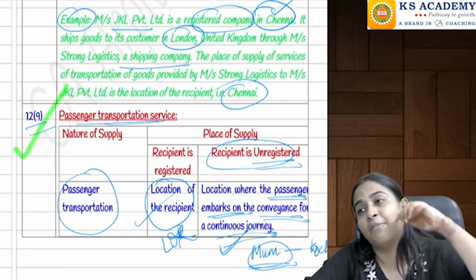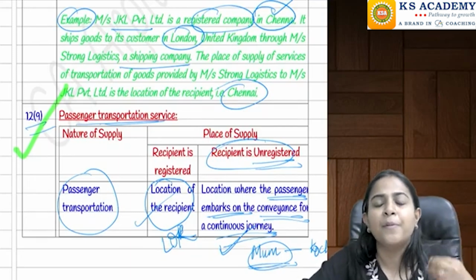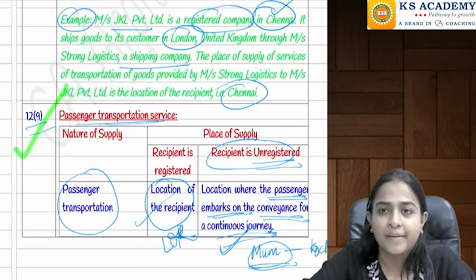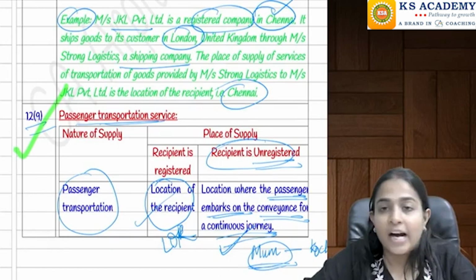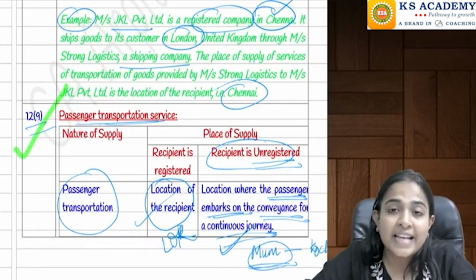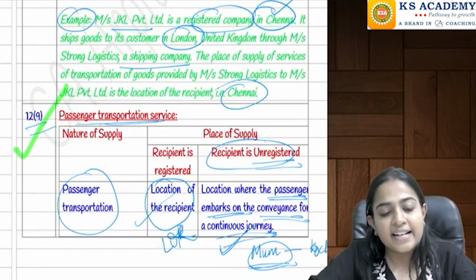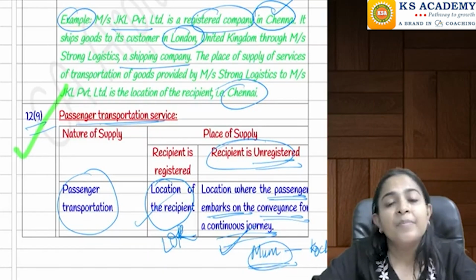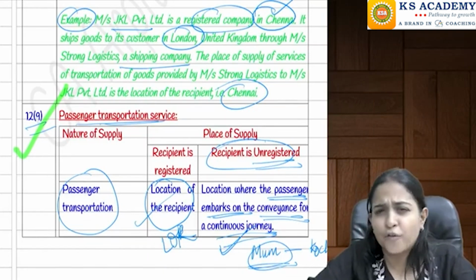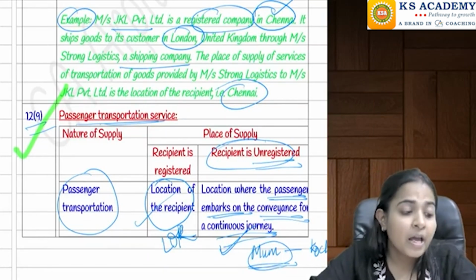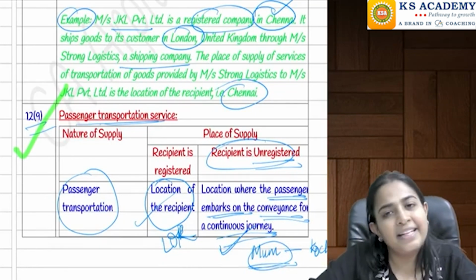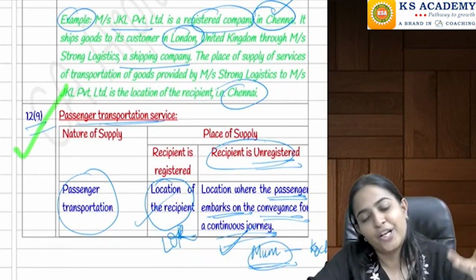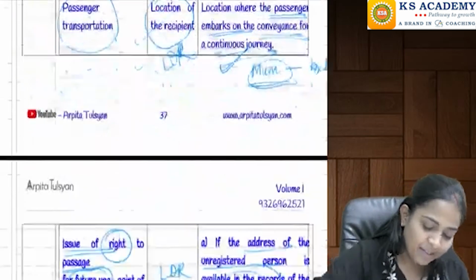If the service has been given to an unregistered person, a normal person purchasing a metro card, we don't know where the service is going to be utilized. So if his address is available, then the location of that recipient person. And if his address is not available, then we are left with no option, so the location of the supplier of service will be the answer.